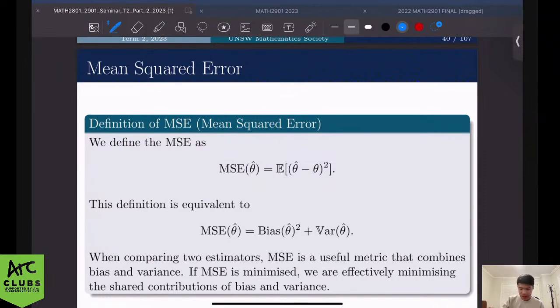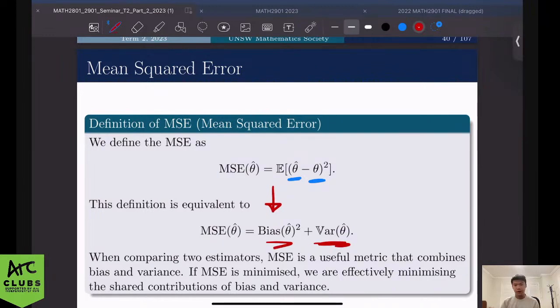Yes, MSE is mean squared error, and that's the expectation of the difference between our estimator and the actual parameter, squared. Okay. So it looks pretty similar to the other things we've seen before, bias and variance. And in fact, you can express it as a sum of the bias squared and the variance, right? And so MSE kind of combines bias and variance, right?